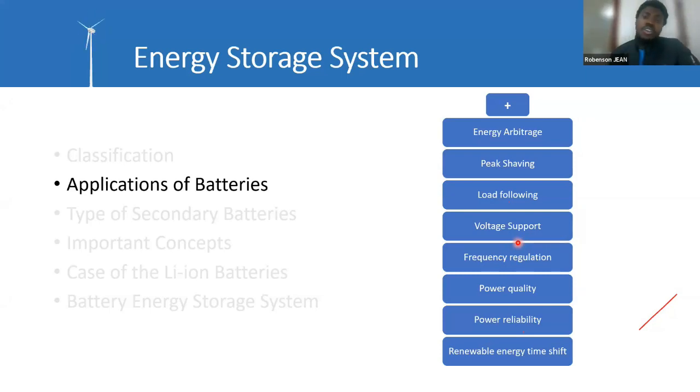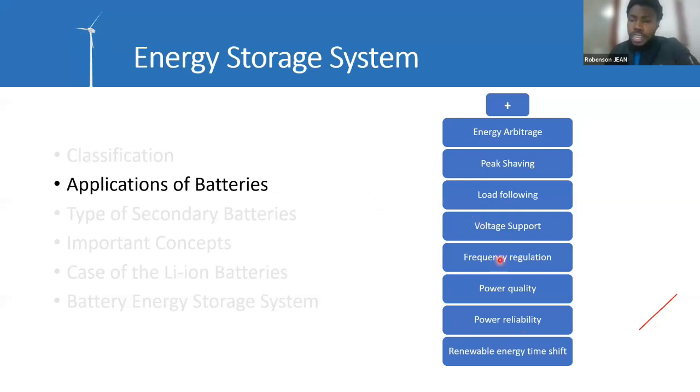So in order to adjust the voltage so it can be equal to the reference value, I can use this type of application that I can do with the batteries for voltage support. So with the batteries, we can achieve this goal. We can have the reference value for the voltage.